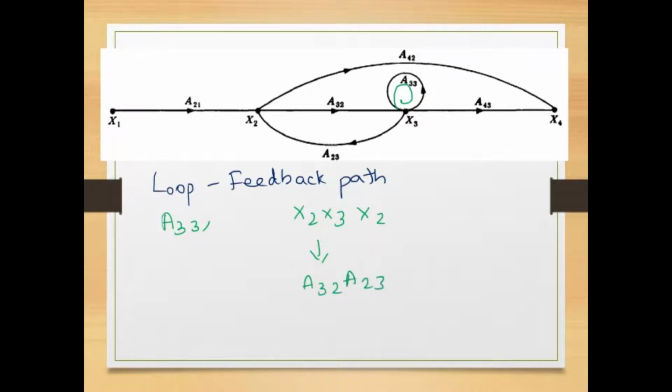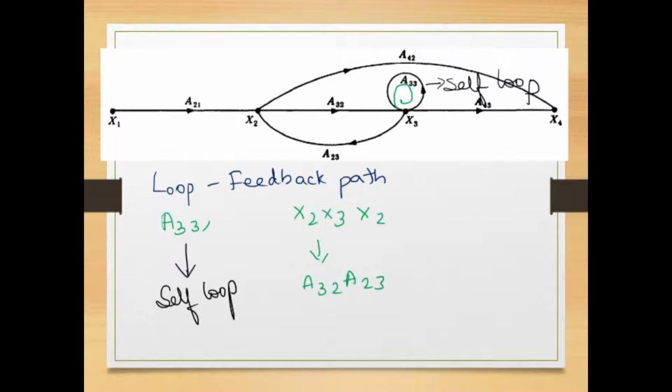This particular loop wherein the branch starts and terminates at the same node, we call it a self loop. And whatever gain is there, that becomes the loop gain.